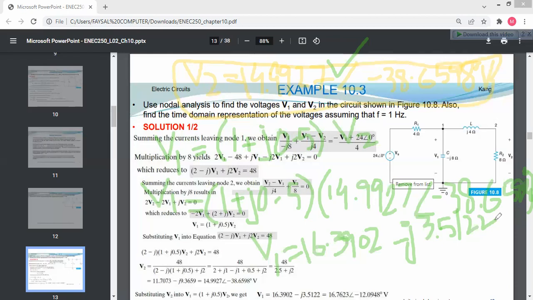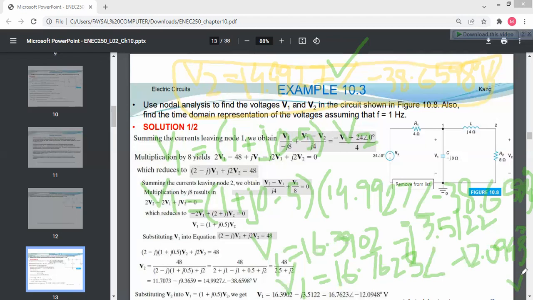So this will be with respect to my cos of angle. So it will be equal to amplitude A cos of omega t plus phase angle. So V1 will be 16.7623 with the angle of negative 12.0948 degrees voltage.